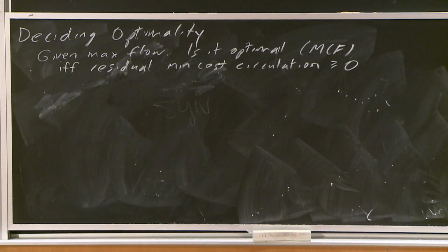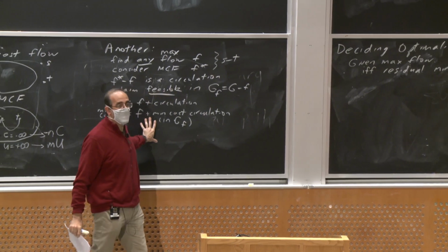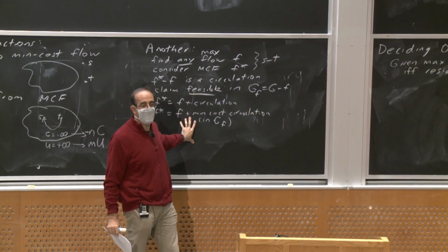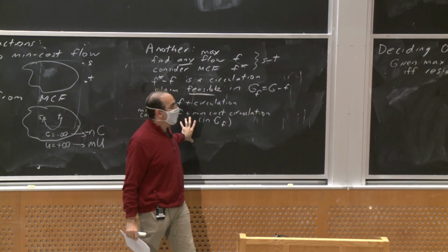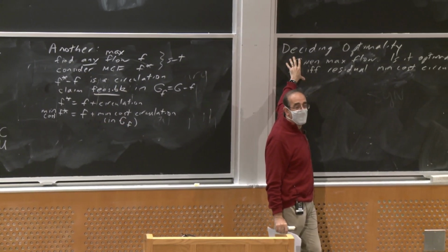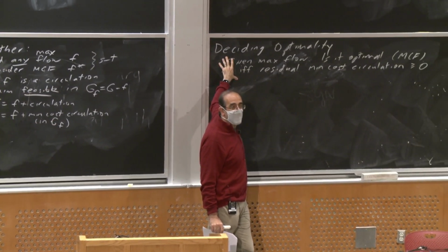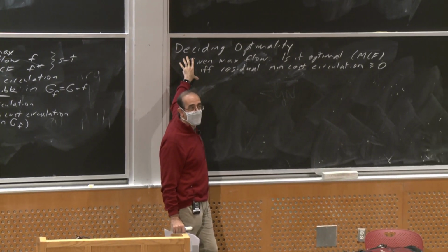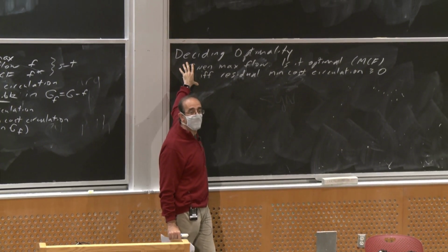If you're given this max flow, you know that the way to get to a min cost max flow is to find the min cost circulation and add it in. And so if your current max flow is optimal, then you can't improve your max flow by adding a min cost circulation, which means that the min cost circulation must be non-negative.